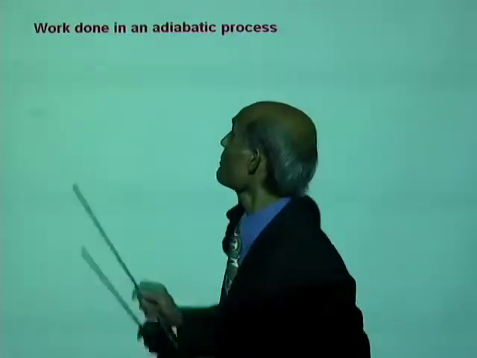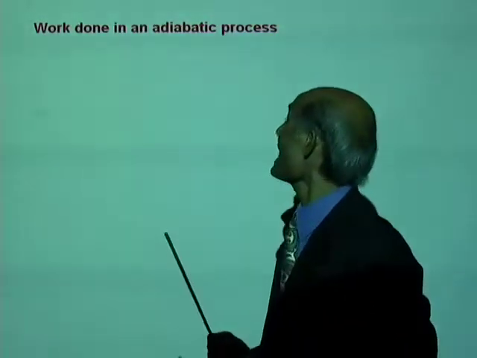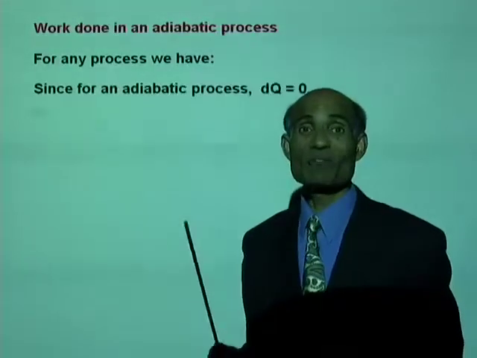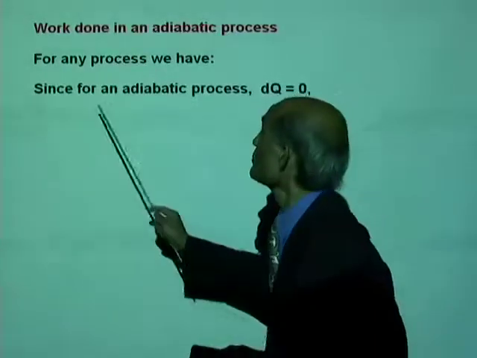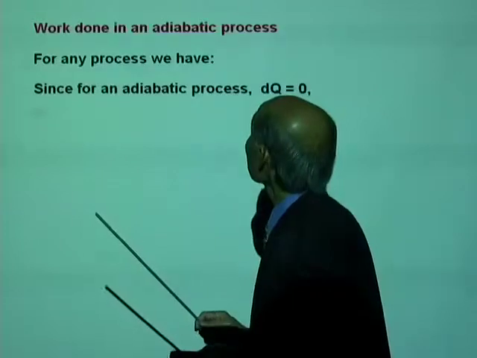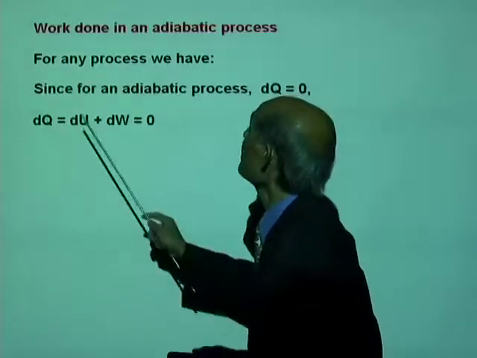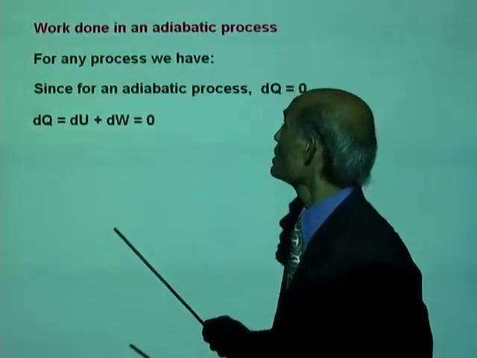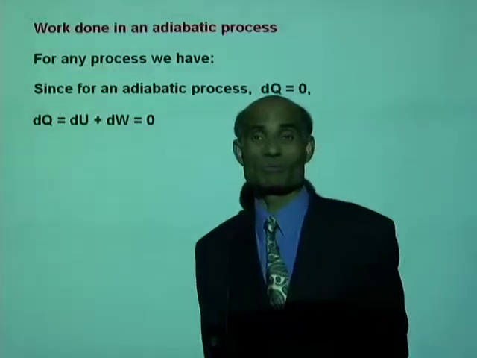So, let's now talk about work done in an adiabatic process. For any process, since for an adiabatic process the heat dq equals 0, we have dq equals du plus dw equals 0.